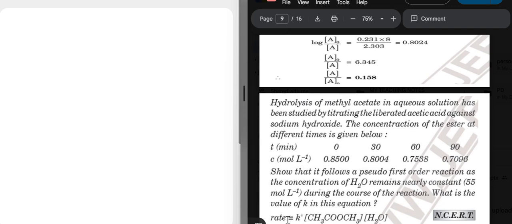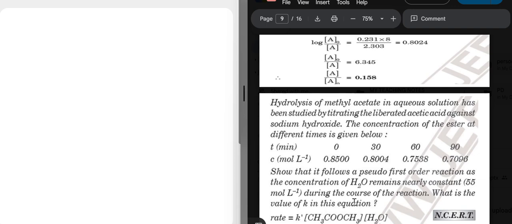The actual rate law will be like this, and you remember, I guess, water concentration will be a constant value. So K dash into acetate concentration, the rate law will appear like that. That's why it is called a pseudo first order reaction.